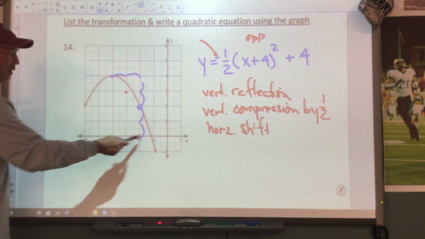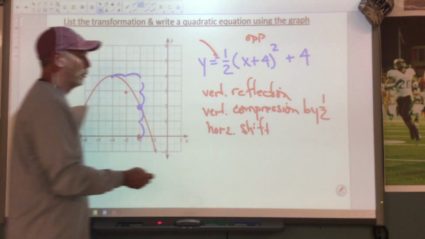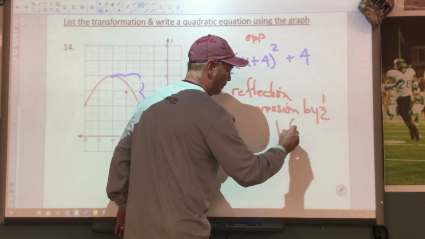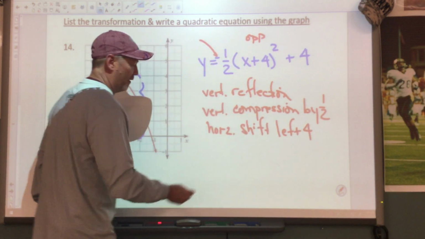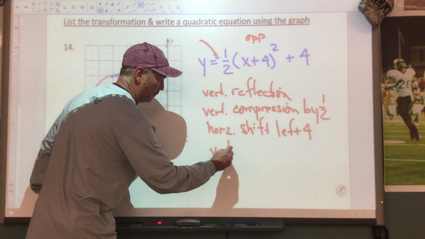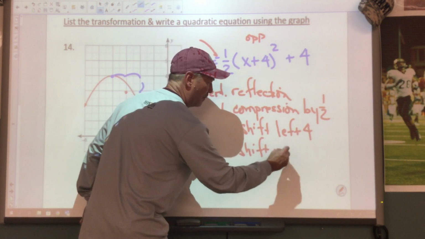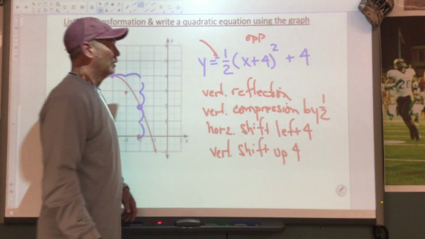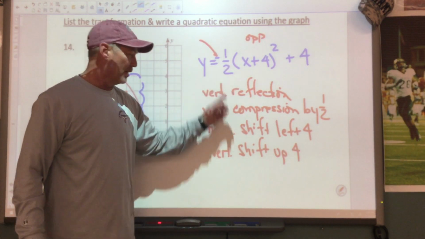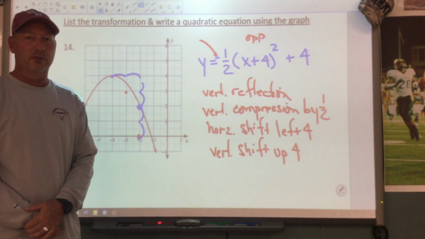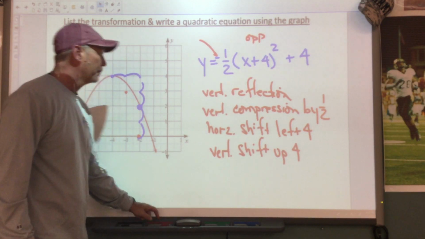Now look at the graph. The graph said to go left 4. And then we have a vertical shift up 4. So there's your equation, and there is your list of transformations. Okay? All right, let's try another one.